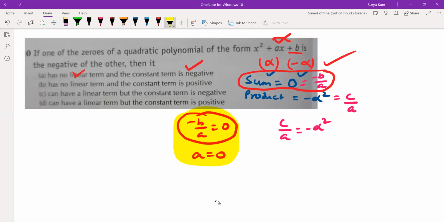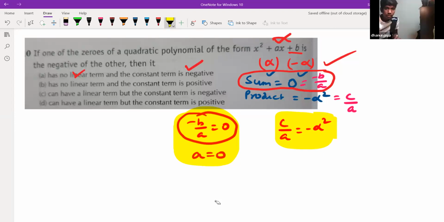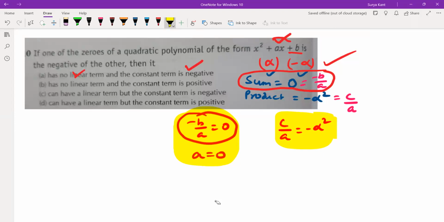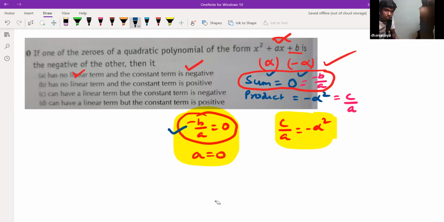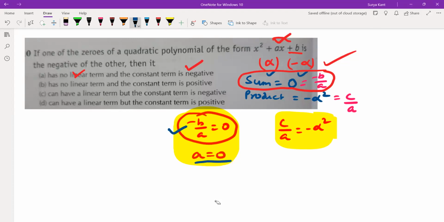It's a bit tricky. Dhananjay, what are you understanding? Tell me something about this. Sir, sum is 0. So if sum is 0, then minus b by a is 0, right? Yes. It means your a part will be 0 in this case.